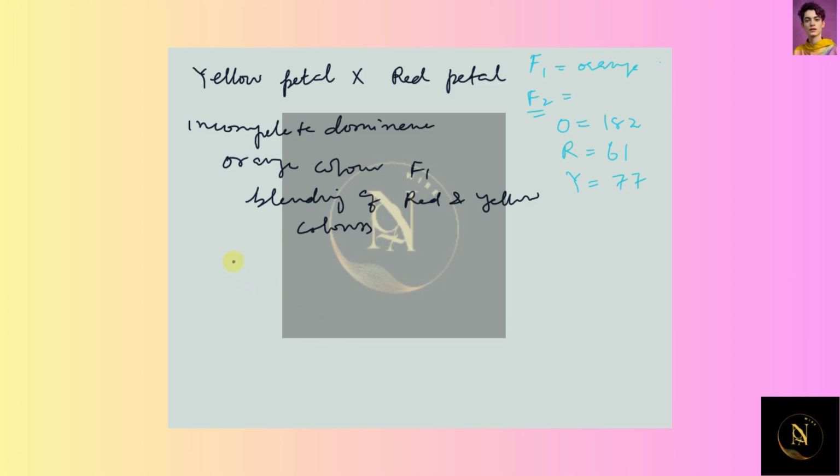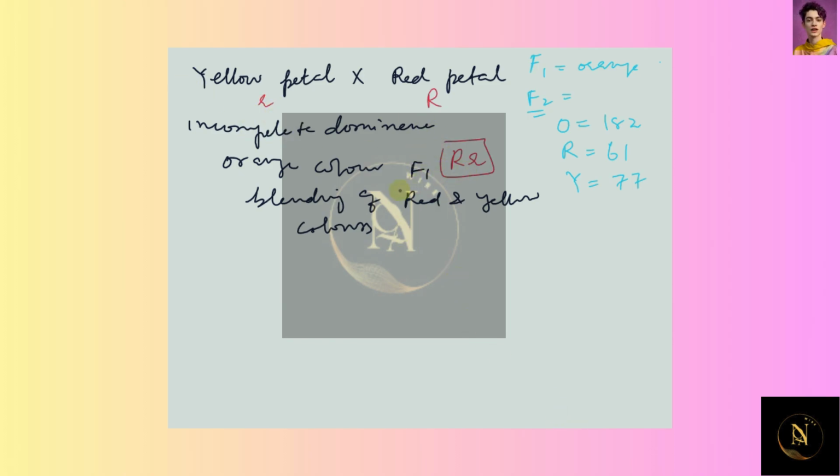In this case, the orange color would be the heterozygous condition. So if we represent red petals with R and yellow petals with R', then the orange will have the genotype RR', which is a blend of yellow and red color.